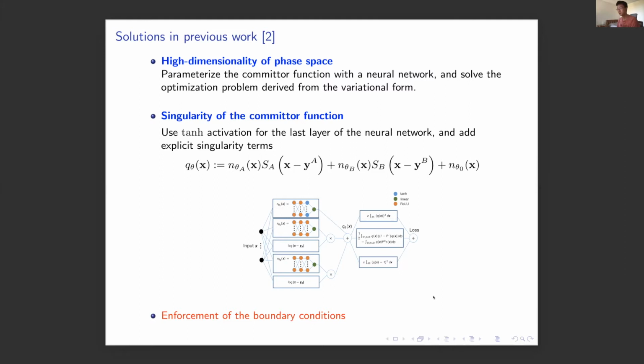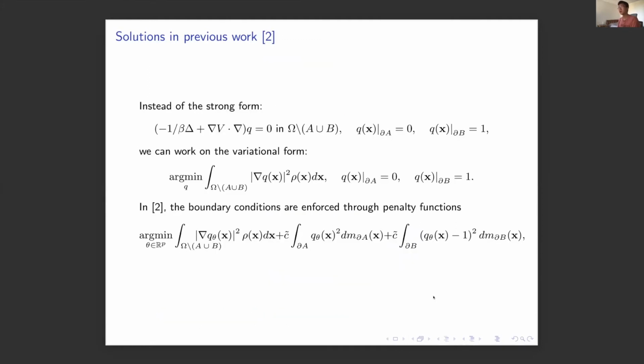But the enforcement of the boundary conditions is still done by penalty functions. More specifically, instead of the original strong form, we consider this corresponding variational form, and these two boundary conditions are enforced through penalty functions.